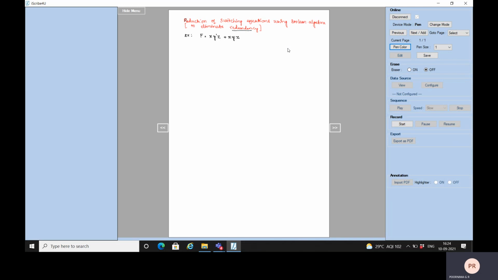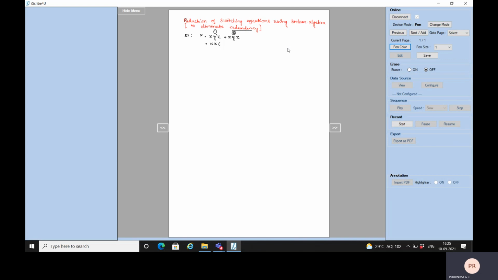In these two minterms we need to remove the redundancy, for which the regular process is to take the common terms, that is x and z. Let me represent the minterms as 1 and 2.